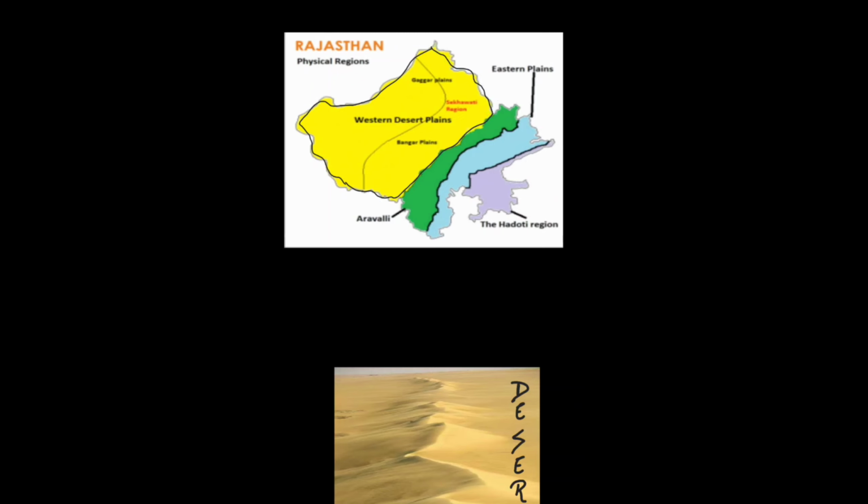yeah, so it is also known as Western Desert Plains or the desert. The area is 61.1%, while the population residing in desert area is around 40%.